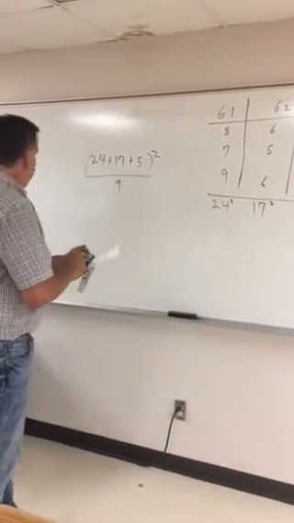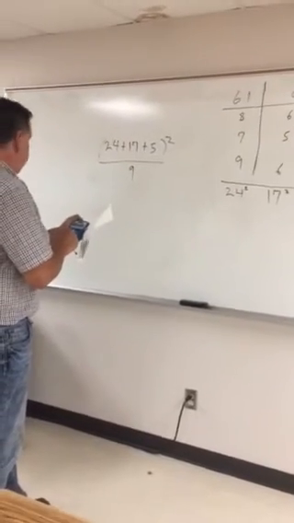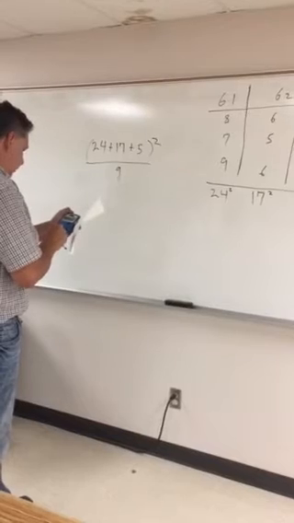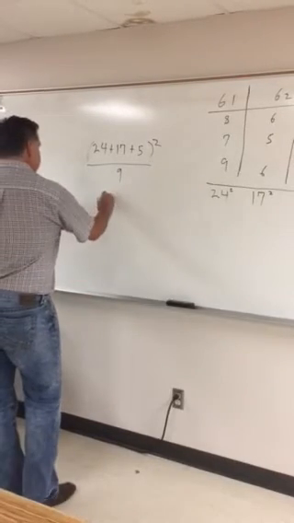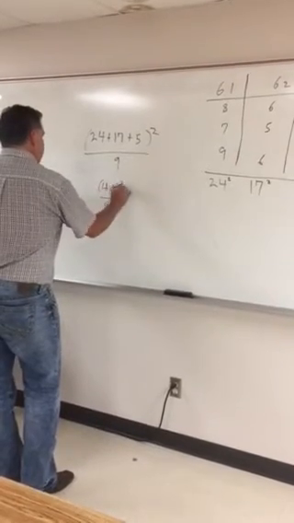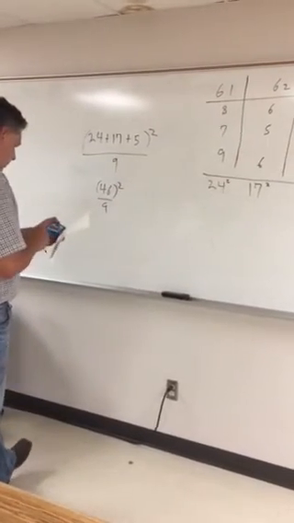So let's work that one out. So I got 24 plus 17 plus 5, which gives me a value of 46 over 9, and that's going to be squared. So let's do that one.